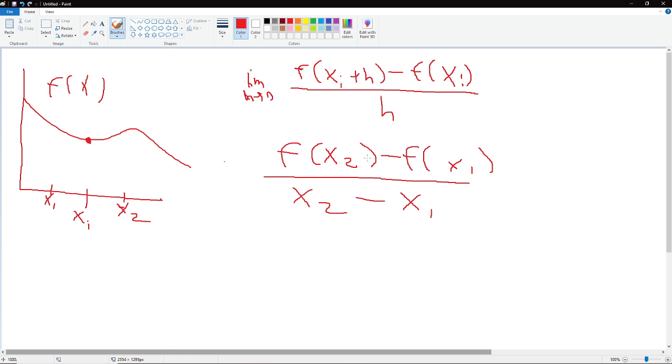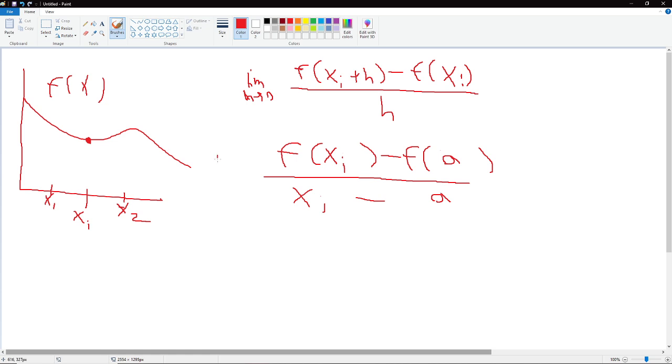However, since we don't have an x2 or an x1, if we want to find the average rate of change at this point, we could change these to our xi, our point, and then change this to say a.